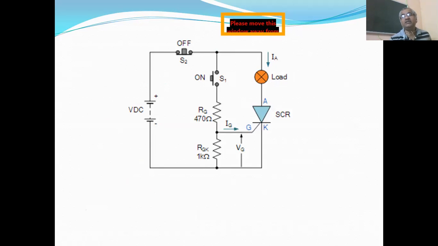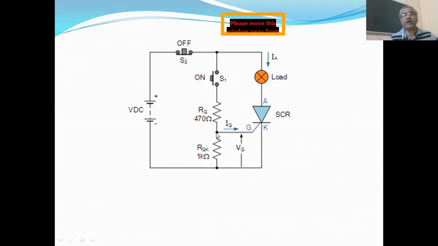Now suppose here is the silicon controlled rectifier SCR which acts as a power controlling device. Suppose this is the load connected to the SCR, and this is the resistive network. Suppose this is the sliding point. You can move this point on this resistance above and below.